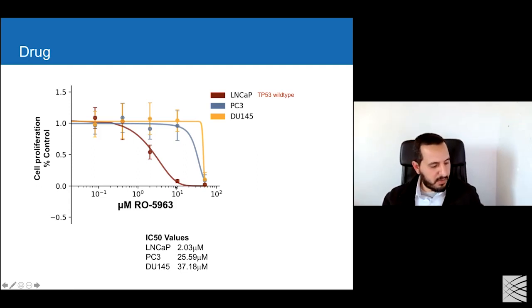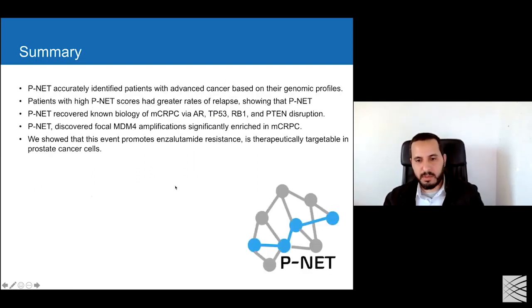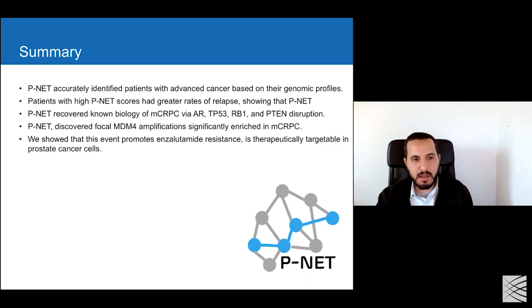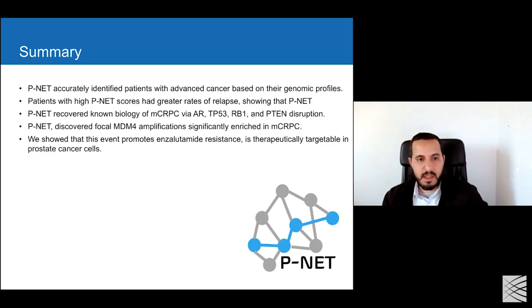So just for the sake of time, to summarize, we developed a PNet model, which is a sparse model, and we were able to include all of this biological information in the hierarchy of the model itself. And it seemed that it works, and computationally it was able to identify advanced cancer patients based on their genomic profiles.